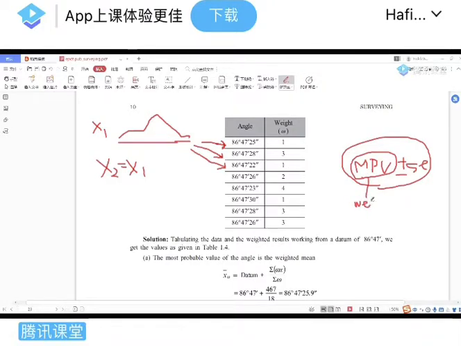Most probably it is a weighted mean. The weighted mean is also a statistic. So you put a different kind of weight on the whole situation.